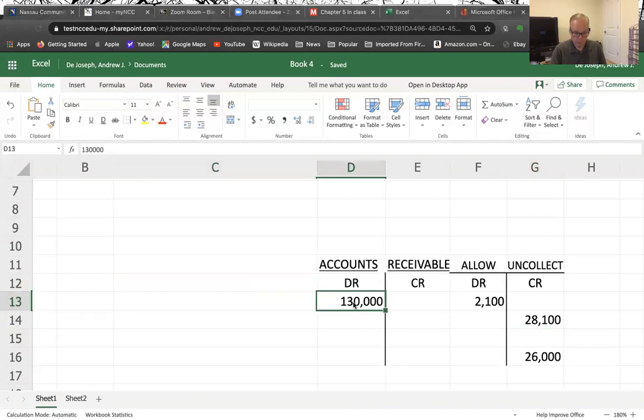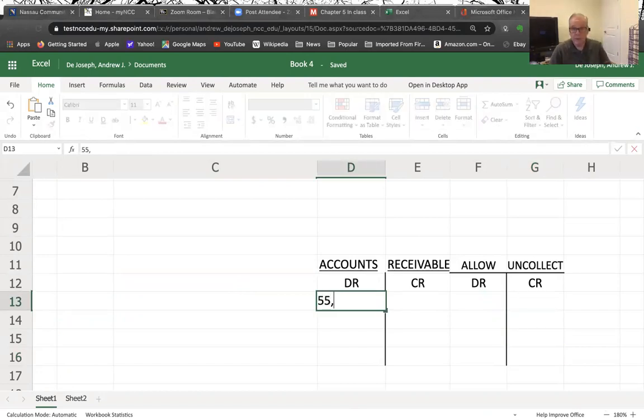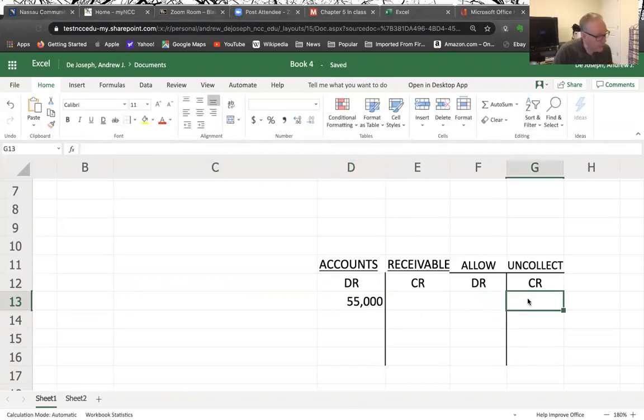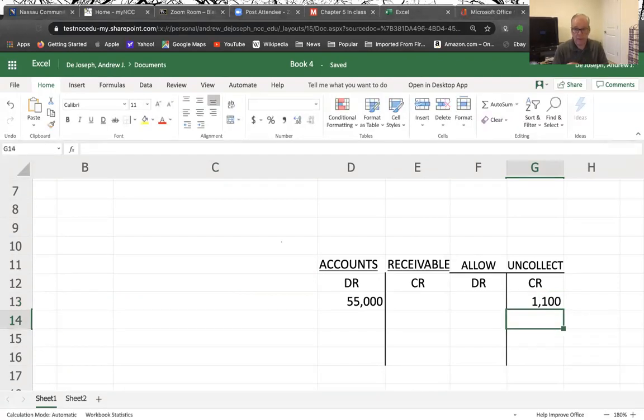Now let's go back to that thing that we had here. Let's put these numbers in. Accounts receivable is 55,000. And the allowance for uncollectible accounts before adjustment is 1,100 credit. Now, again, just to review for a second, what does that mean? Why is there a balance in that account?